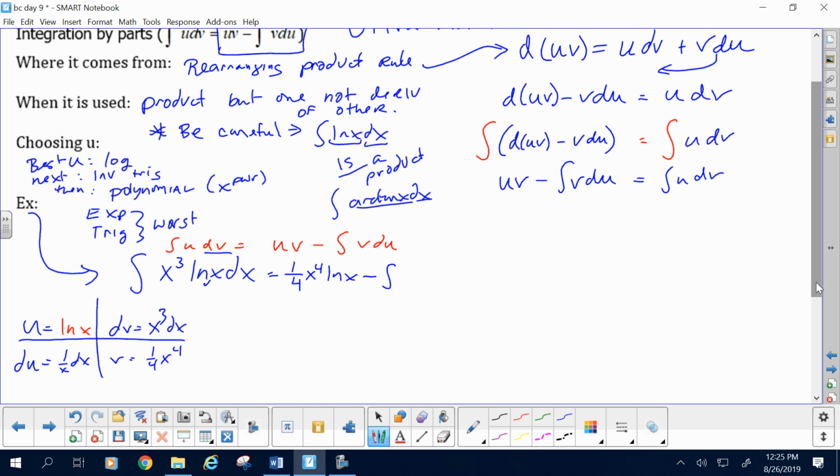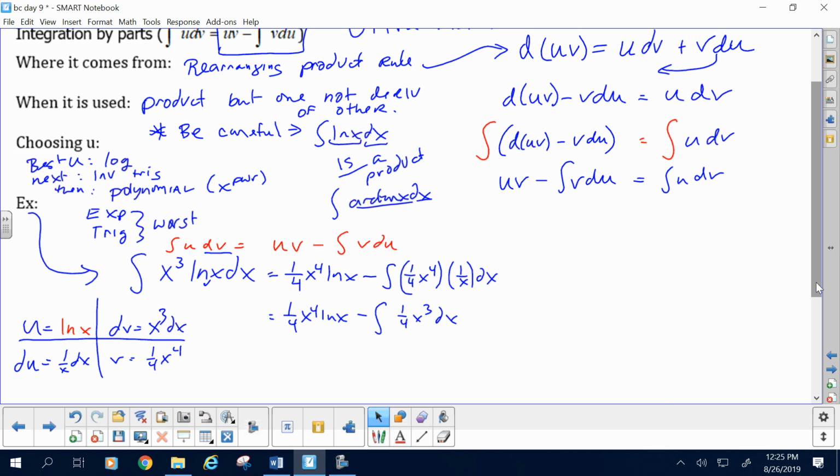The antiderivative of, what's v? 1/4 x to the 4th. And what's du? 1 over x dx. With a little bit of cleanup, 1/4 x to the 4th log of x minus the integral of 1/4 x cubed dx.